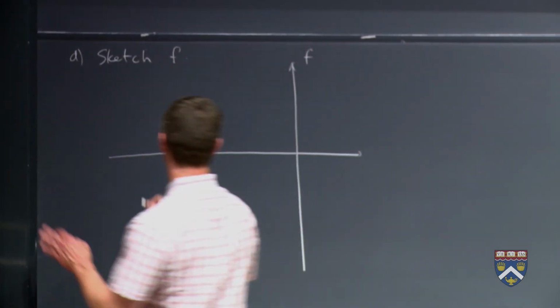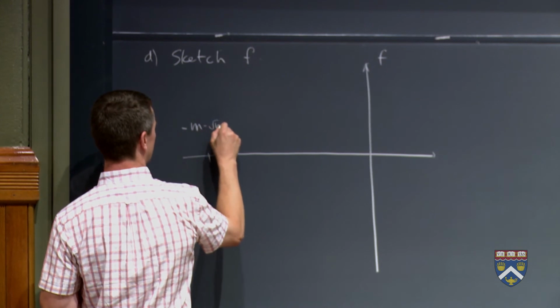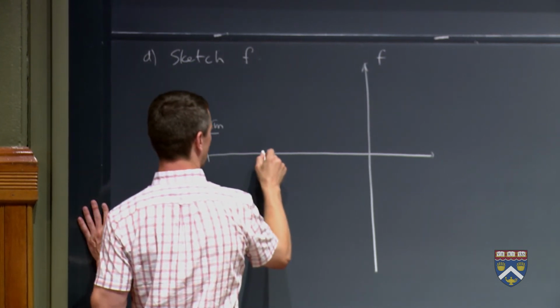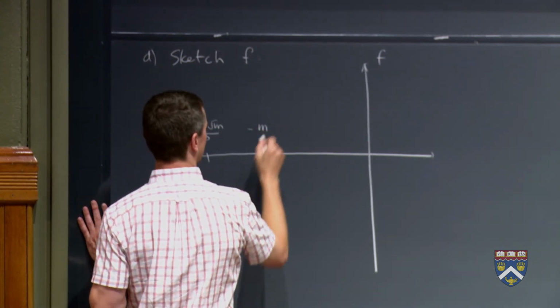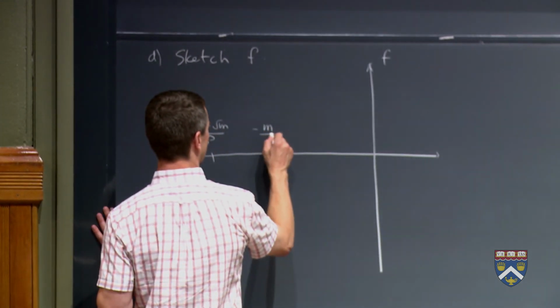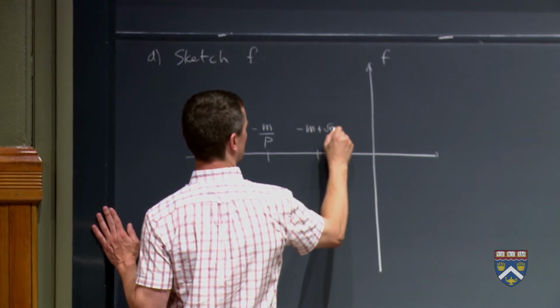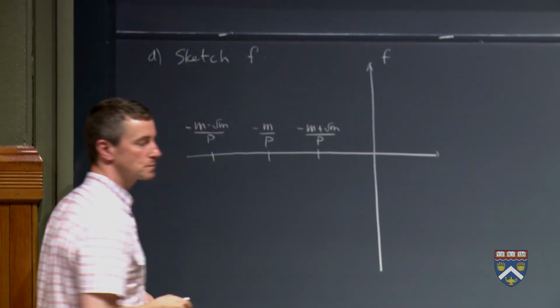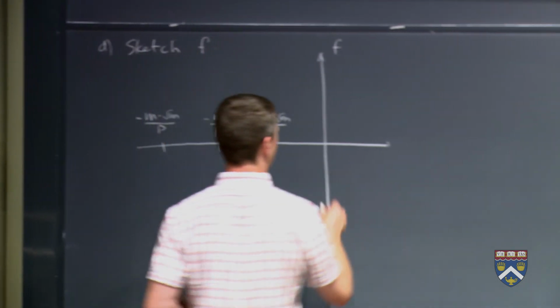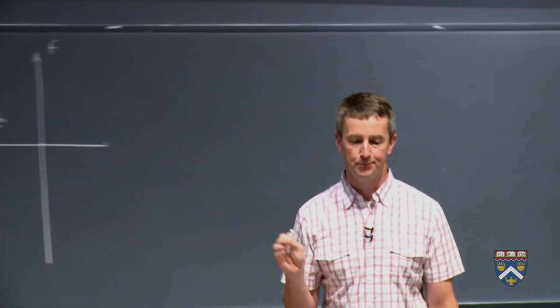The interesting points, we had an inflection point at -m minus root m over p. We had a local min at -m over p. And we had another inflection point at -m plus root m over p. And we had a root from part A at 0. Only one root. That was the only root for the entire function.